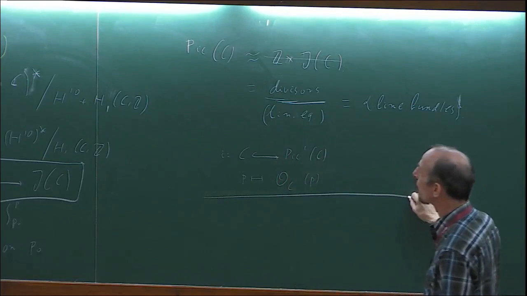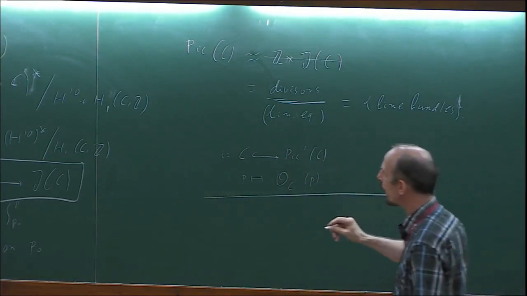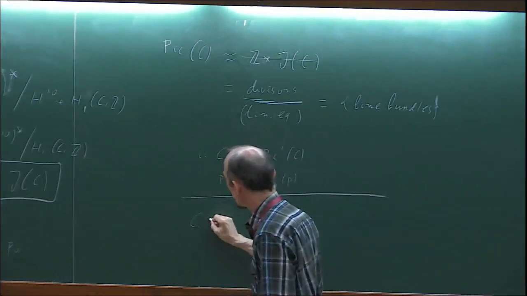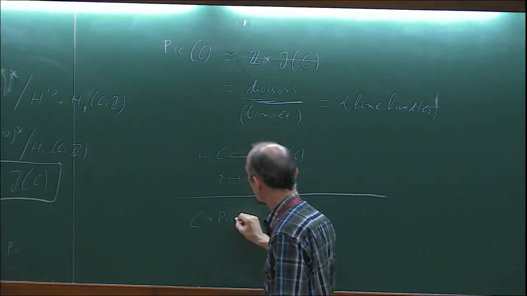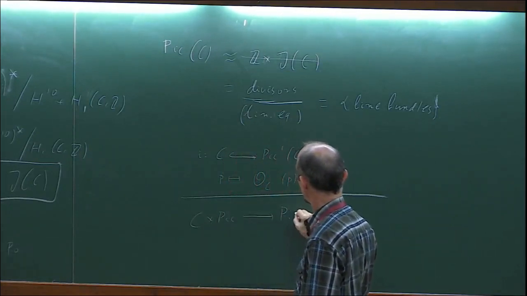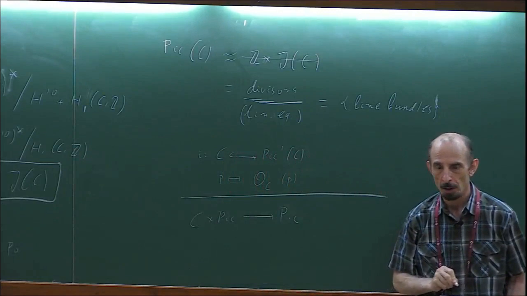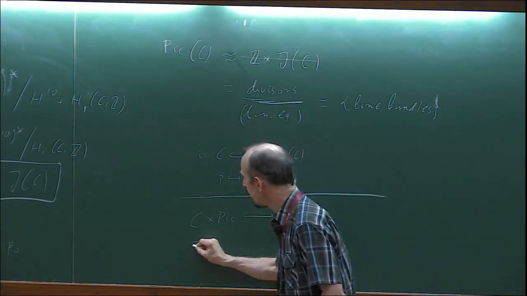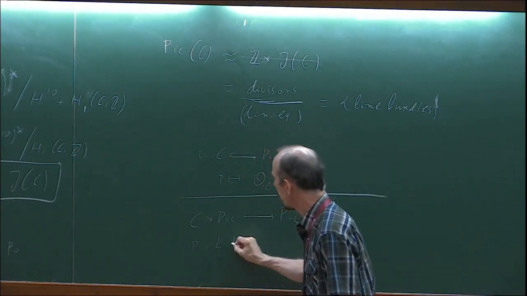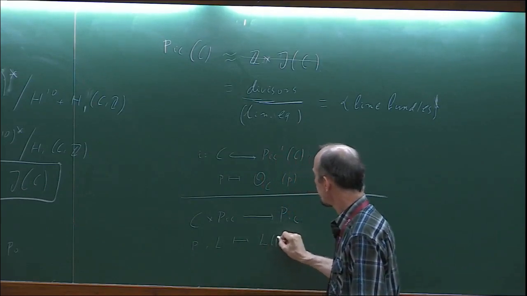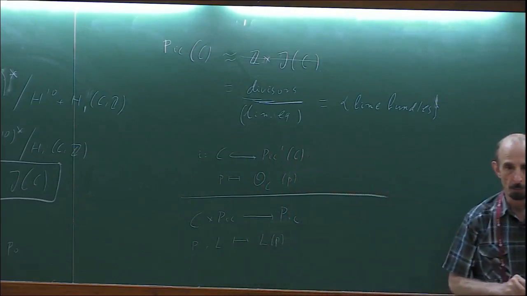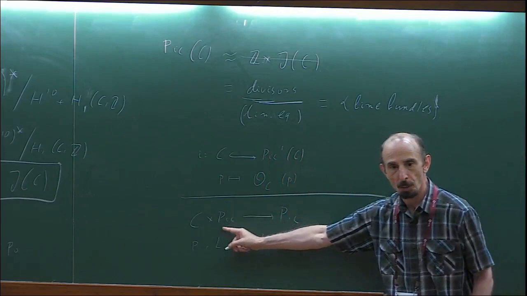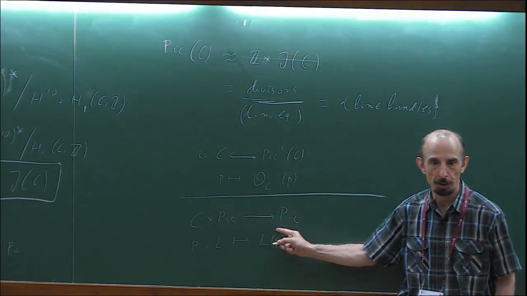Yet another version of the same elementary story is that you can think of this as a map from C cross the Picard to the Picard. You take a point P and a line bundle L, and you send it to the line bundle L tensor O of P. So it sends the component of degree D to the component of degree D plus 1.